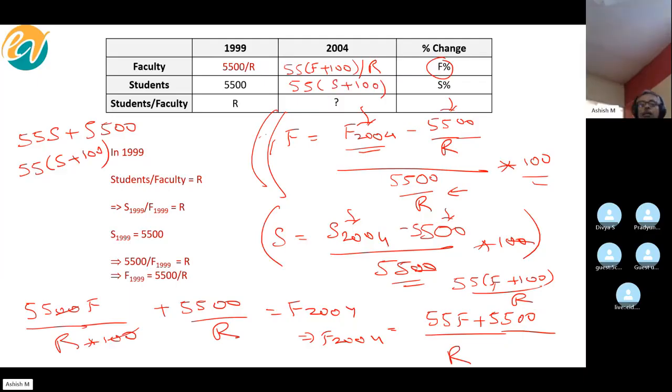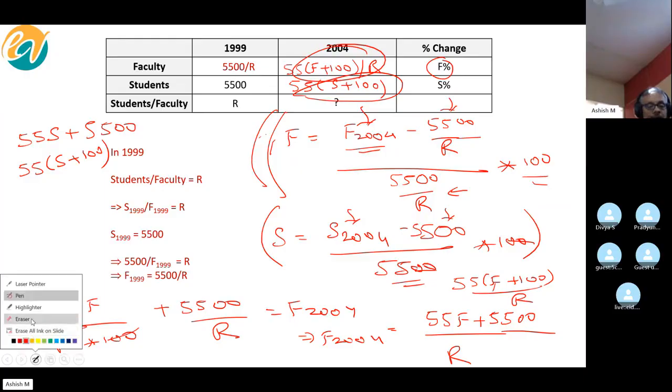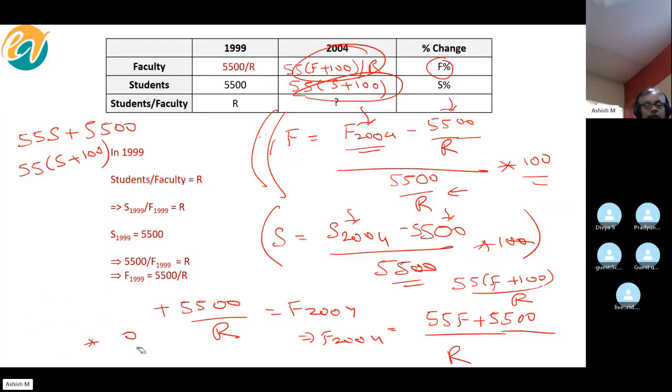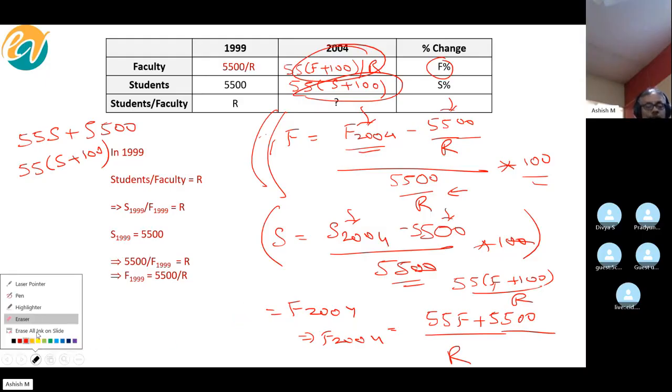Correct? Now student per faculty is obviously what? This value divided by this value. That's all. So now let's erase everything else. Student per faculty in 2004 is what we are interested in.